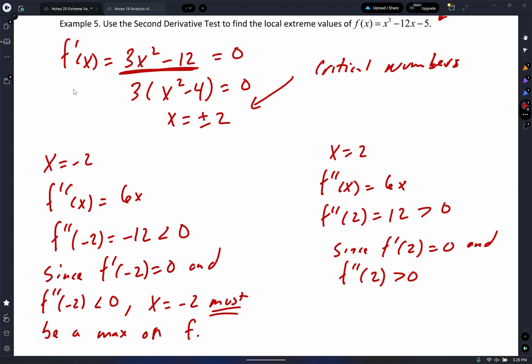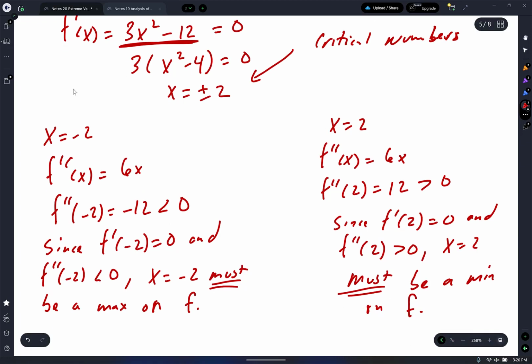That critical point must be a min. Since x equals 2 must be a min on f. And those are the same answers we got when we did problem number 1. How do we feel? Okay.